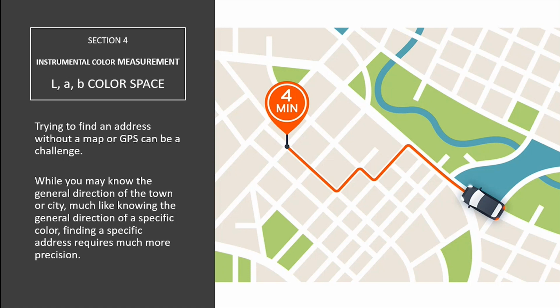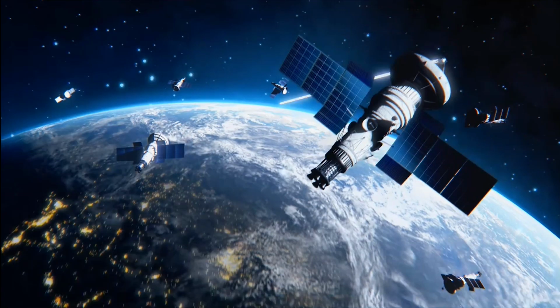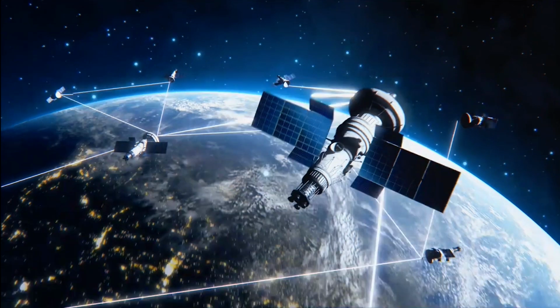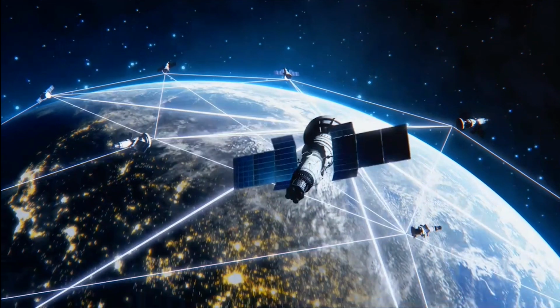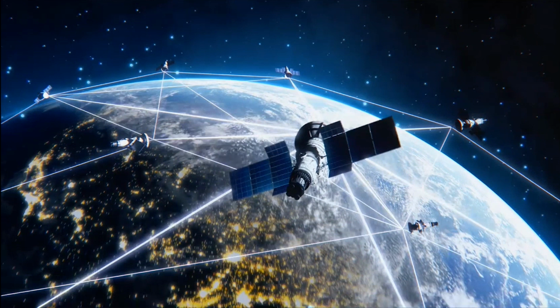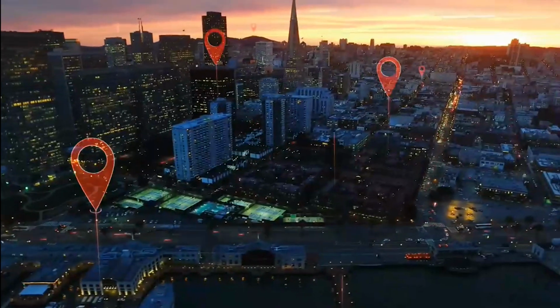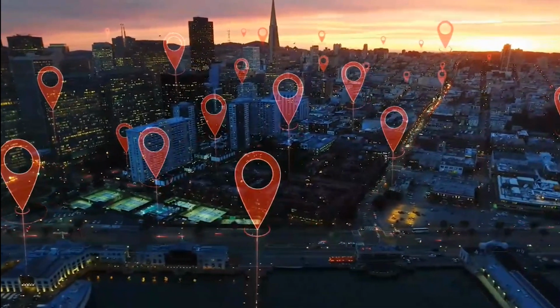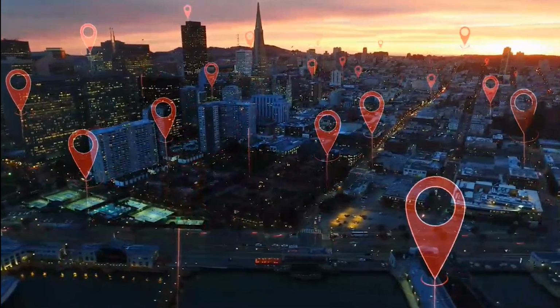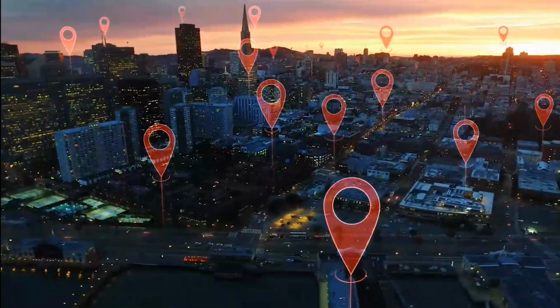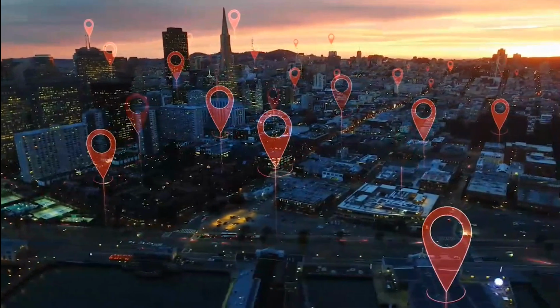But if I said I need you to go to 422 Michigan Avenue in Chicago, you need a little bit more detail, wouldn't you? That's where GPS comes in. GPS, a series of satellites, triangulates locations on Earth, and you can find an address anywhere on the planet to within about a 3-foot circumference. That's pretty impressive, right?